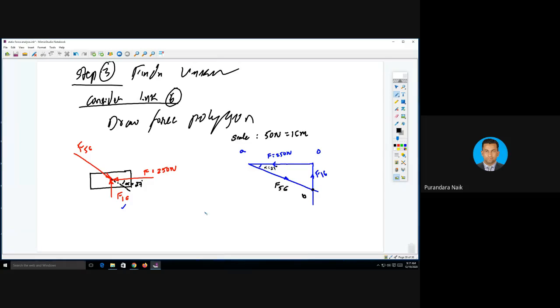So F56 is equal to length of AB into scale. What is the length of AB? Can anyone tell me the answer for AB?